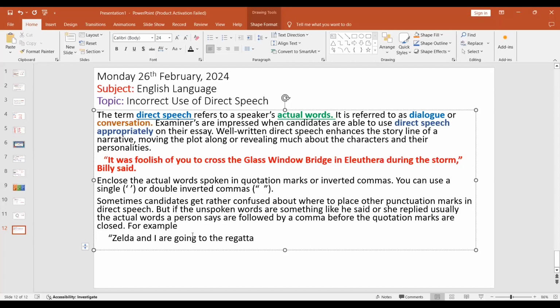To the regatta in Exuma, she said. Okay, is this right? Zelda and I are going to the regatta in Exuma, she said. Is that right?